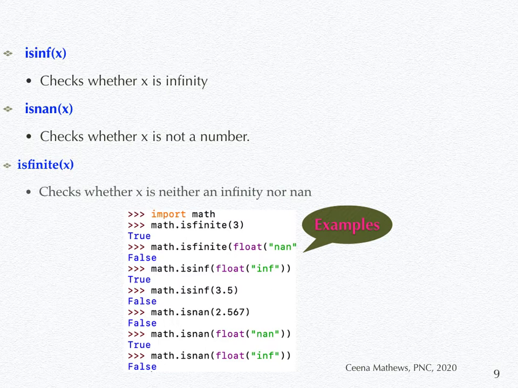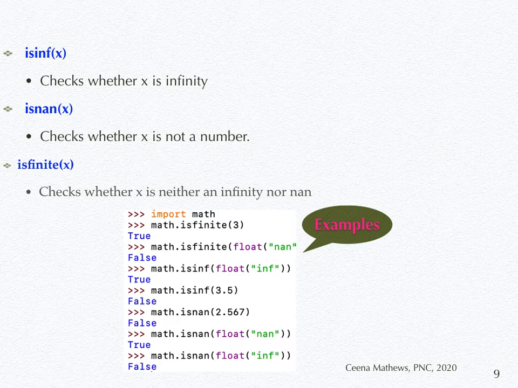Next is isinf, that is, it checks whether x is infinity or not. The example is given here: import math, math.isinf of float of the constant inf. Infinity is represented using the inf constant.